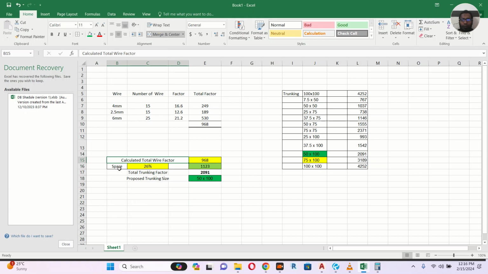Then spare, calculated spare, you can put like this. Let's move this one, calculated spare. And yeah, total factor, you don't need to go to trunking, total factor.